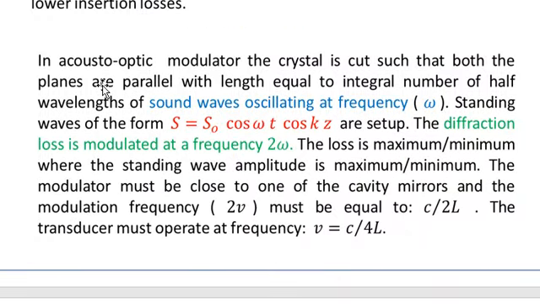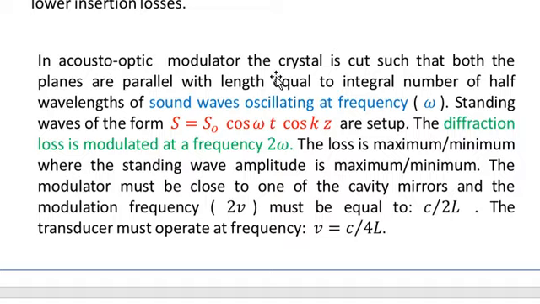Now a little bit about the acousto-optic modulator, which I have discussed in one of the previous slides. So if you want to see the working of this acousto-optic modulator, please consult those slides.